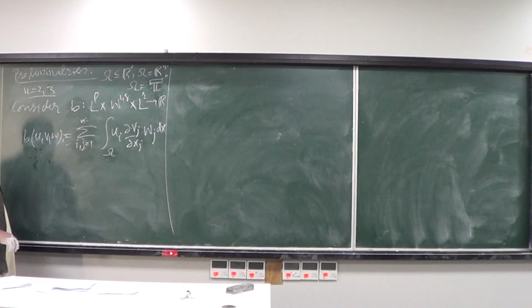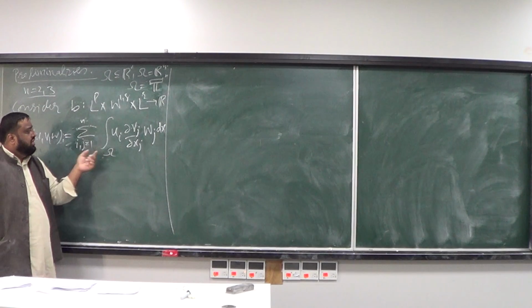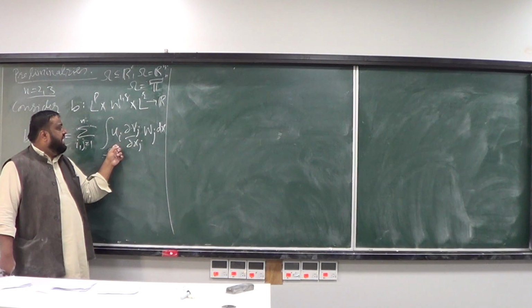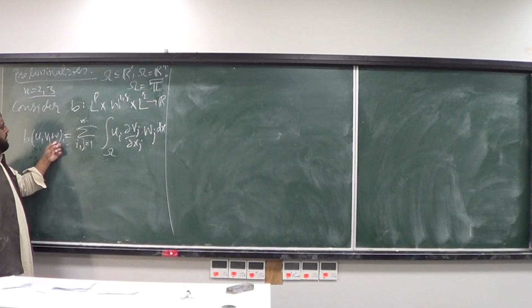So B is a map from L^p, from W^{1,q} into R, into L^r into R, okay, and B(u,v,w) is defined in this manner. It's a double sum on i and j, u_i partial v, but we have to keep in view that u, v and w are vector components.